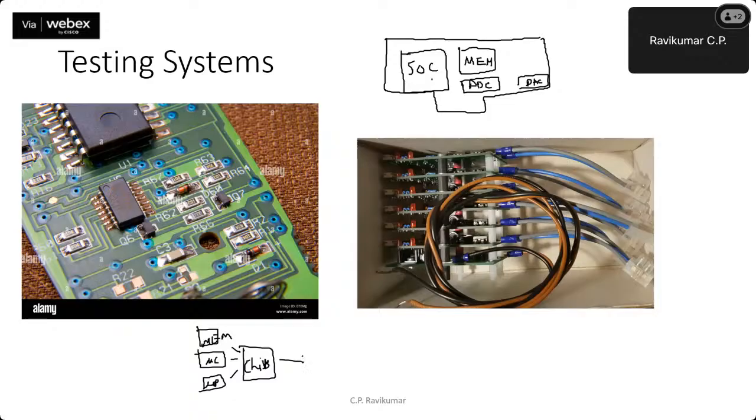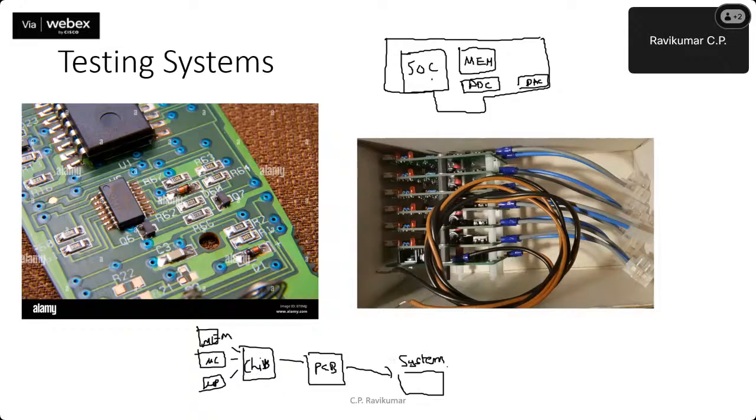And many chips are embedded into a PCB. Many chips are mounted on a PCB and wired together, and many PCBs are connected together to form a complete system. Okay, so there is a great deal of complexity here, right?